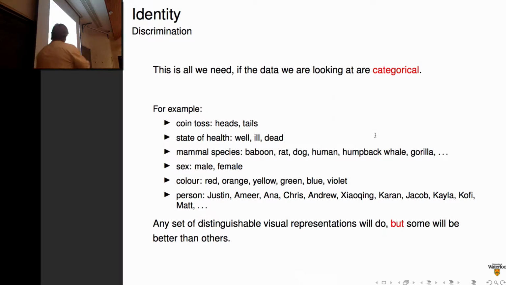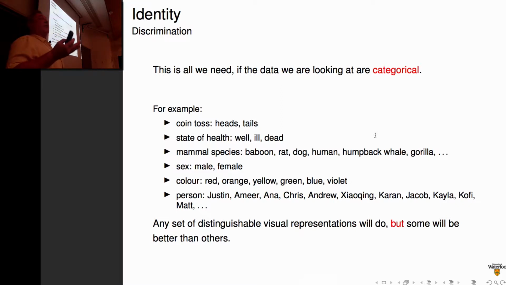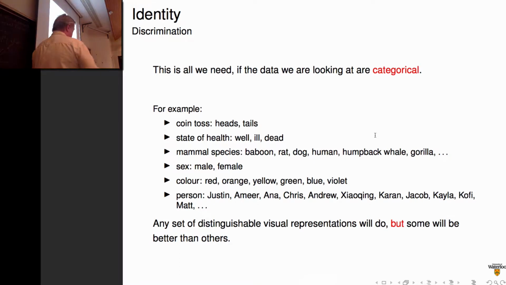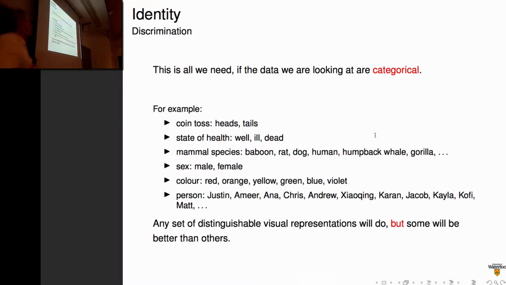So if all I want to tell is the difference, the identity of things, this is really handy when the data is categorical. And by categorical, we have lots and lots of examples. Just a binary variant, right? It's either heads or tails, like a coin toss, or it may have 3 different values, the state of health: well, ill, dead.